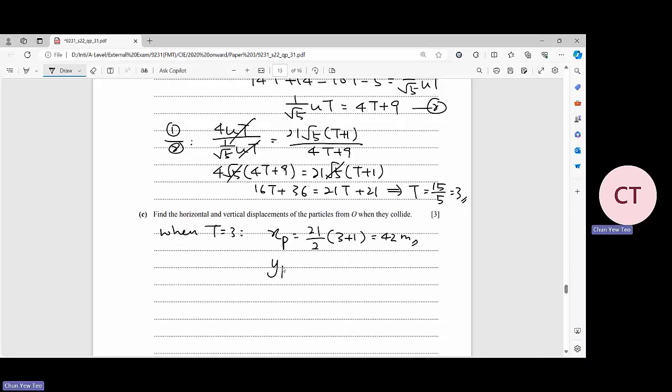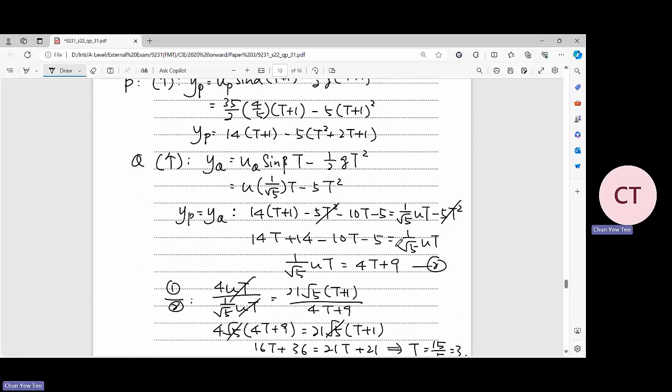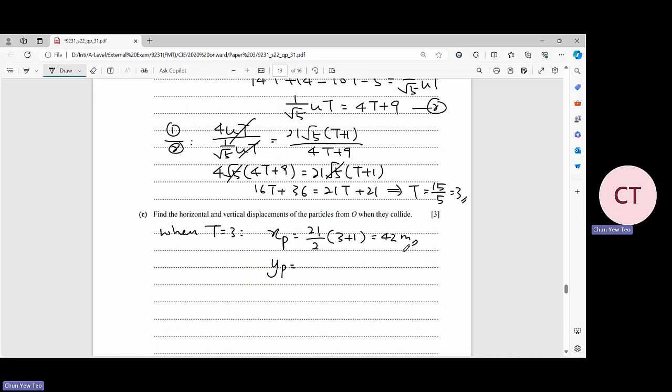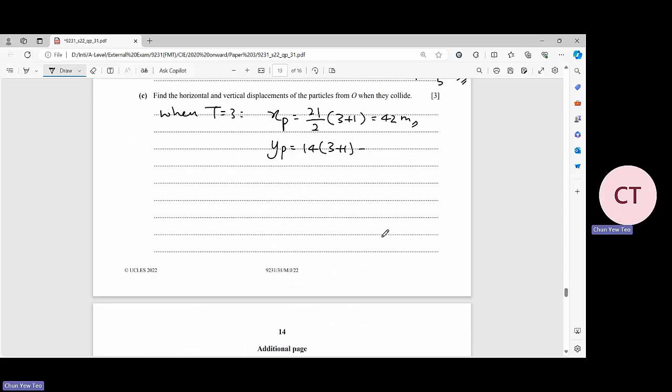Then for yp, it is 14 times (3 plus 1) minus 5 of (t plus 1) squared.